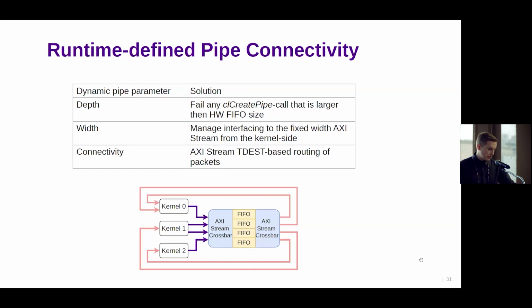The main storage for the pipes is now going to be in these FIFOs on the white blocks there. Of course, there's a maximum size that has been set when we synthesize the hardware, but we just have to make sure that we fail any clCreatePipe calls when the user tries to ask for more than is available. And that should be okay according to the spec.